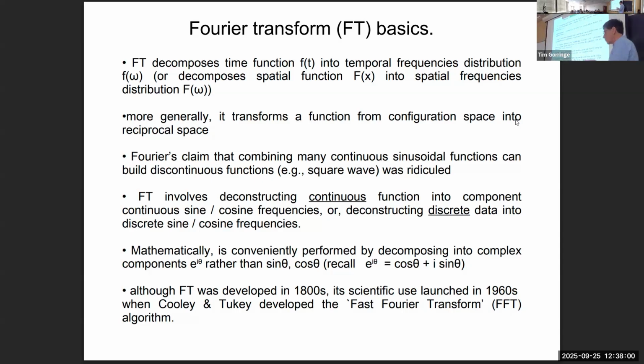Another is where you've got discrete data, a series of data points, and you decompose that data into a discrete series of sine and cosine waves with discrete frequencies. So there is the continuous Fourier transform or analysis, and the discrete Fourier transform analysis.